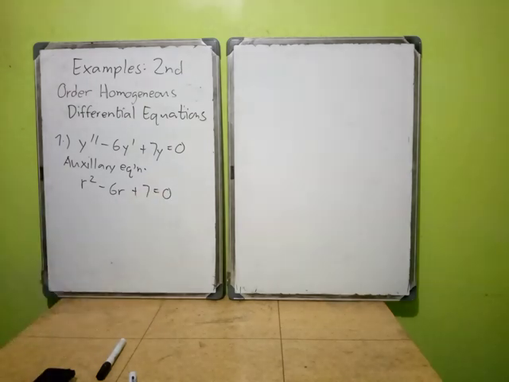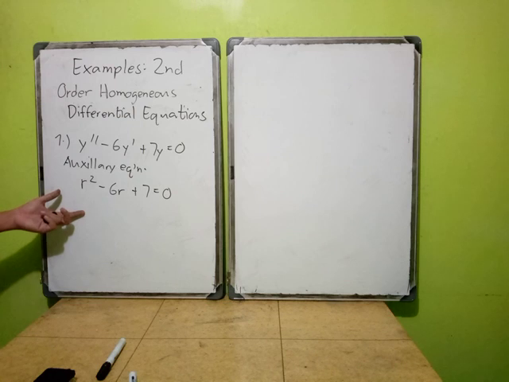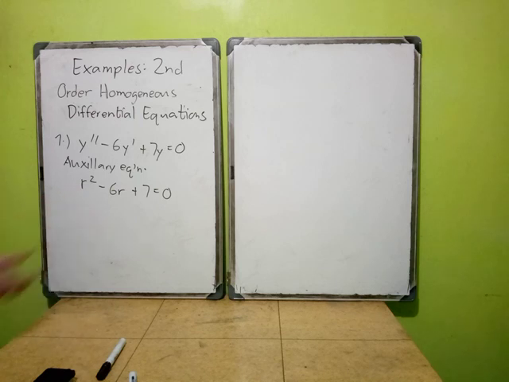The next thing we should do is to determine the roots. In order to determine the roots, there are two methods. We can do factoring or we can use the quadratic equation. Obviously, by just looking at the auxiliary equation, we can do factoring.